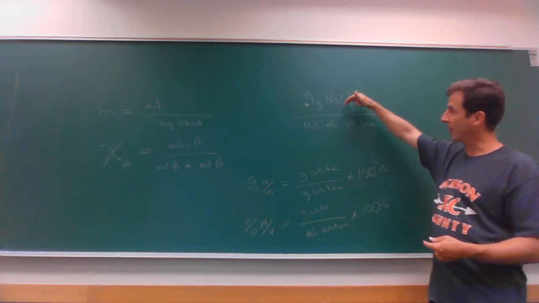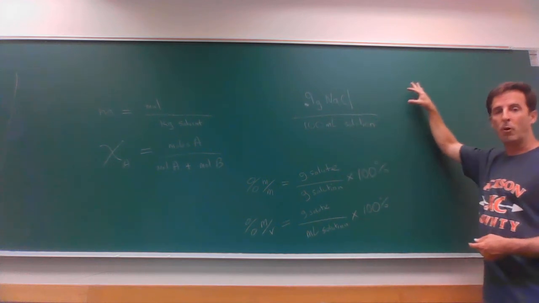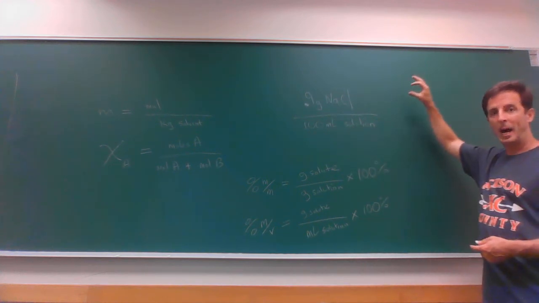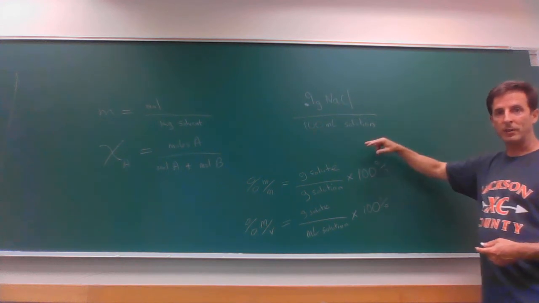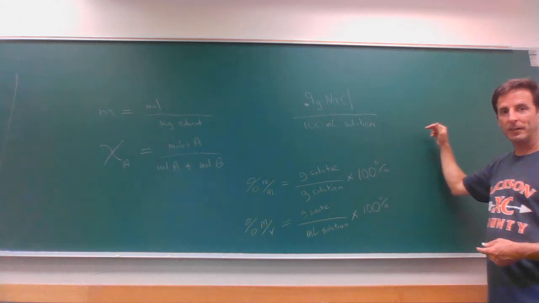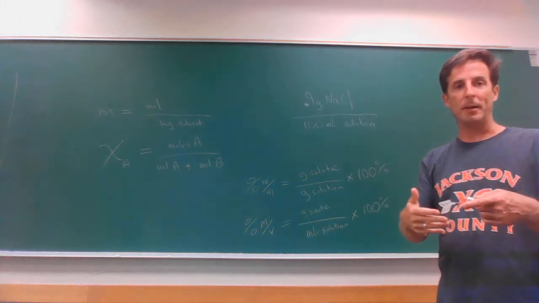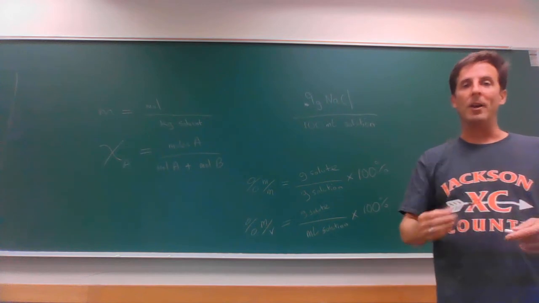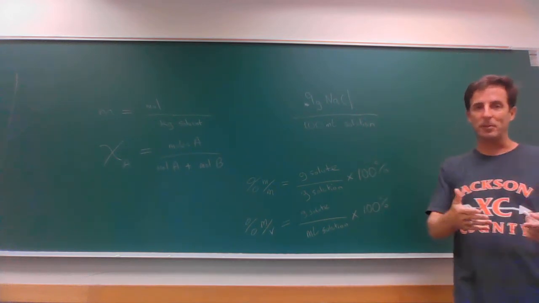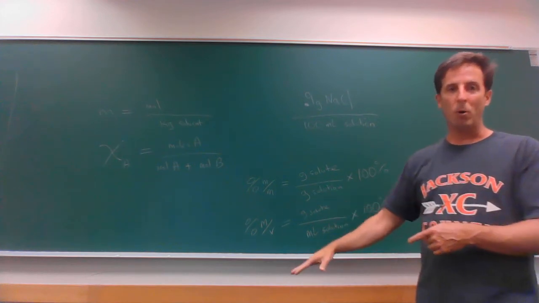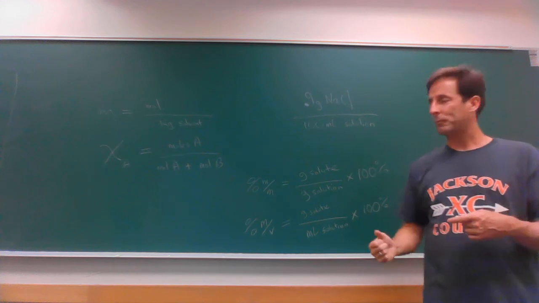Well, if it's 0.9 grams to 100 milliliters, then I could set up a proportion and say, how many grams do I need in 500 milliliters? So it'd be 0.9 over 100 equals X over 500. I could solve for X there and figure out how much salt needs to be measured out to make that solution. So this is more of just a mathematical relationship, not really any chemistry involved. We're not getting into moles and that kind of stuff. So it's a useful unit outside of chemistry.